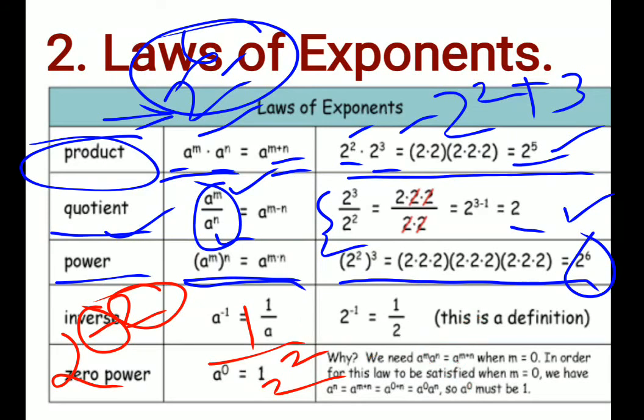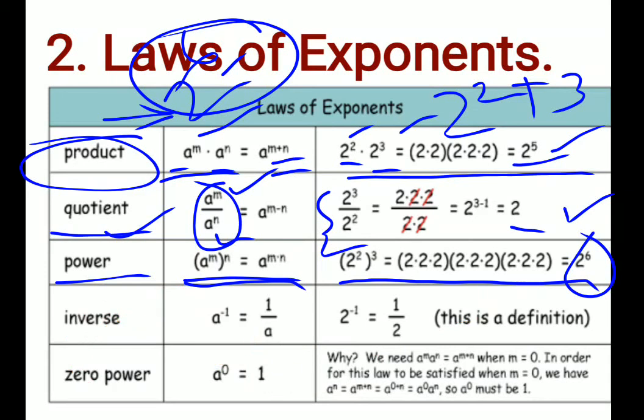Similarly, let me show you another example also. Alright, so let me remove this. Suppose you have 1 by 2 cube, 3 is the exponent here. So whenever you have to write the inverse form, then what you are going to write? 2 to the power minus 3.